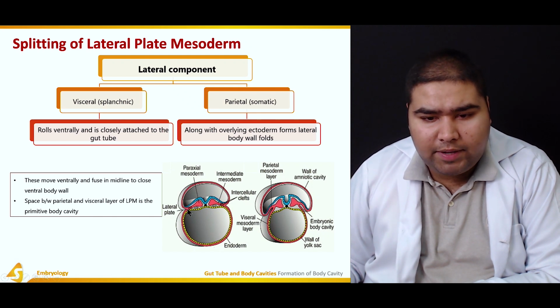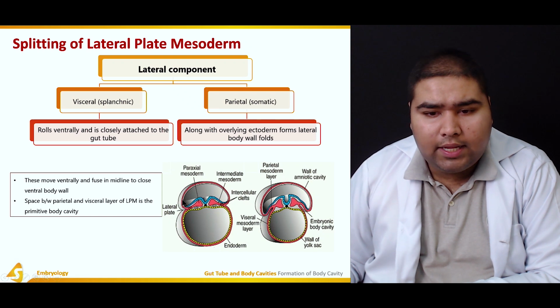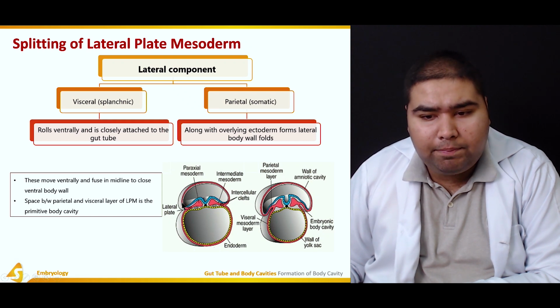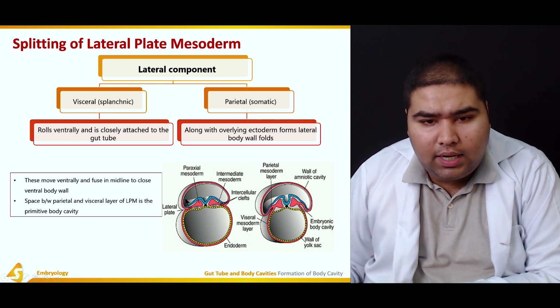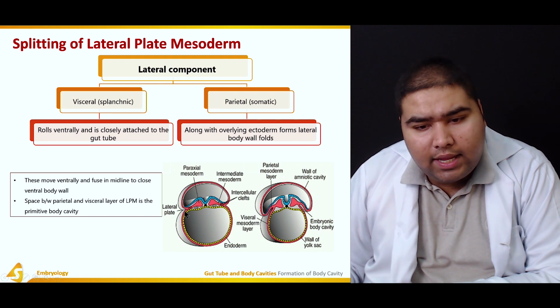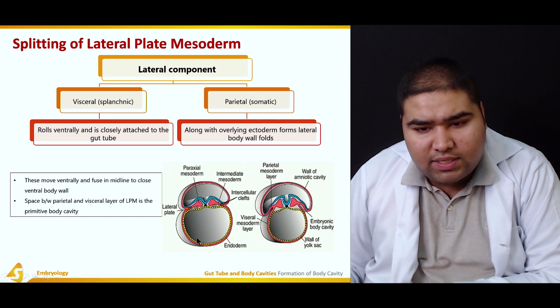Now this is the lateral plate mesoderm, which is now splitting. The upper layer is known as the parietal layer. The lower layer is known as the visceral or the splanchnic layer. Visceral layer is going ventrally and is closely attached to the gut tube. This is the gut tube, and visceral layer is being closely attached to it.